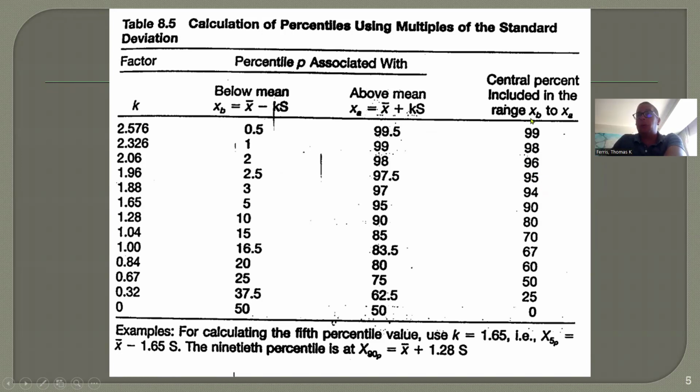Okay, so one way to use this chart might be to look at the rightmost column first and determine how much of the population you're hoping to accommodate. Is it the middle? Is it the largest, or is it the smallest? And then these are going to be the K values that you're going to use mathematically if you know your X bar, which is the mean, and your S, which is your standard deviation.